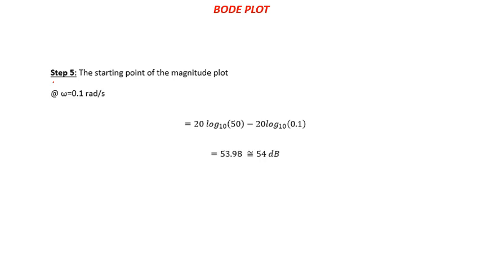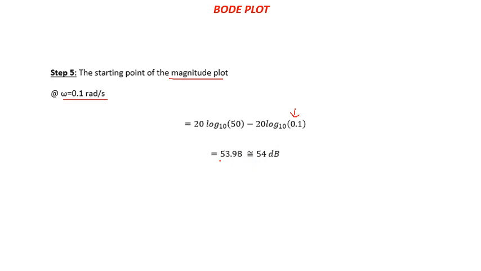Next, in step 5, we need to find out the starting point of the magnitude plot. So at ω equal to 0.1 radians per second, we will find the magnitude, that is the starting magnitude. For that we take equation 1, 20 log to the base 10 of 50 minus 20 log to the base 10 of ω, where in place of ω we substitute 0.1.